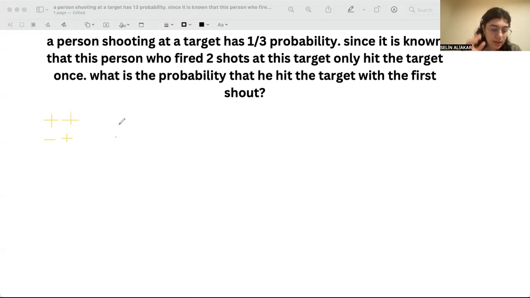And the third possibility is the person hits the target in the first shot and misses the target in the second shot. And the final possibility is that the person can miss all the shots. So we can see that there are 4 possibilities here.